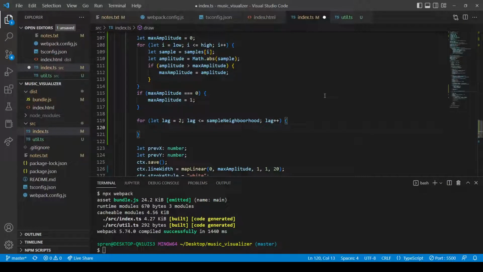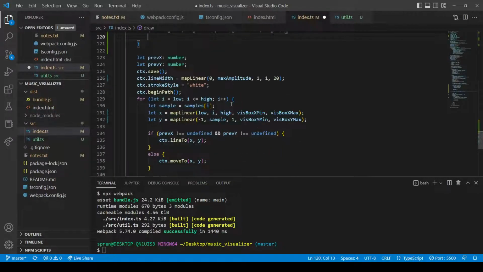So what I want to do is find the lag that gives us the least difference between the two. Imagine two pointers marching along. I want the lag that gives the least difference between those two pointers.